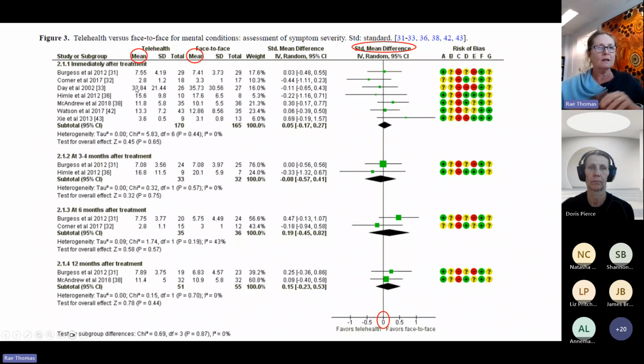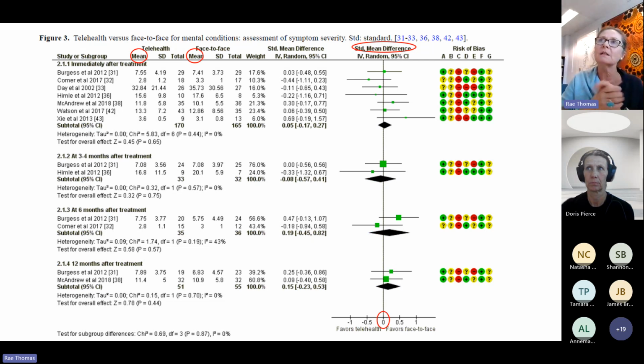All right. Now, when we're looking at telehealth and face-to-face, you'll notice that they've talked about it in means, right? So they've got 2 groups. Each one of those studies, Burgess, Comer, Day, Himley, McAndrew, Watson, and G, all had 2 groups, right? And they assess symptom severity at different time points. And this time point is immediately after treatment.